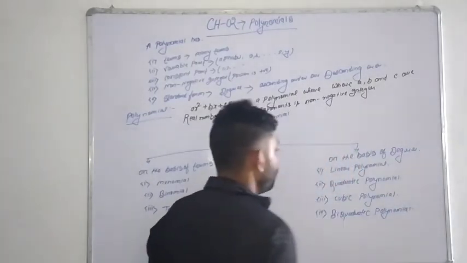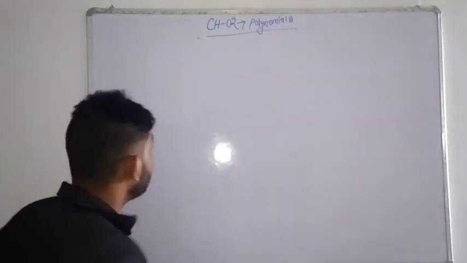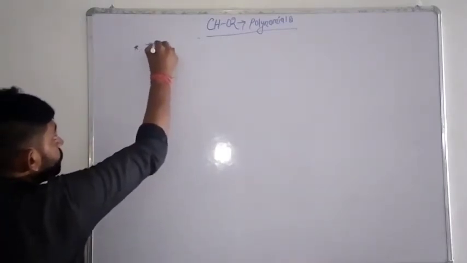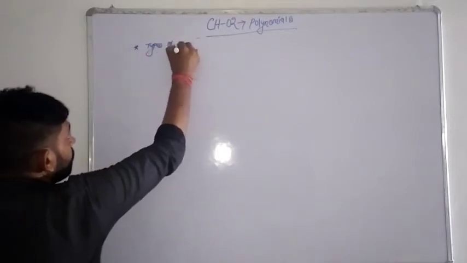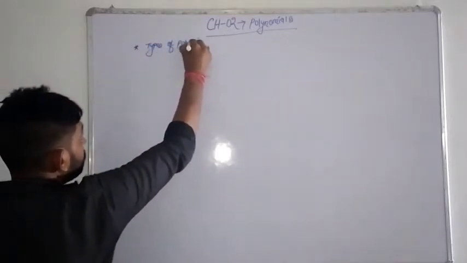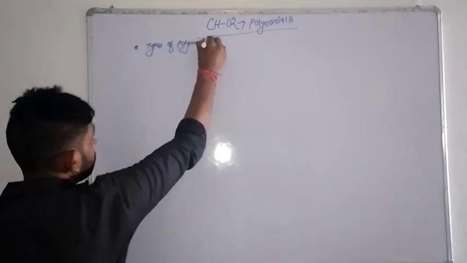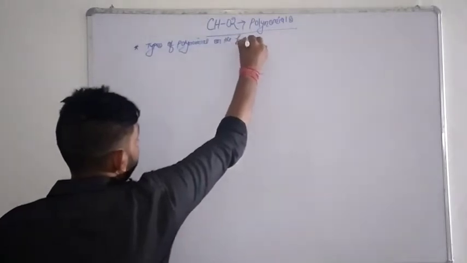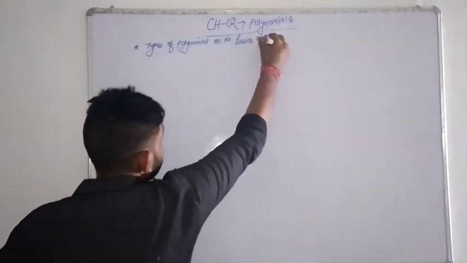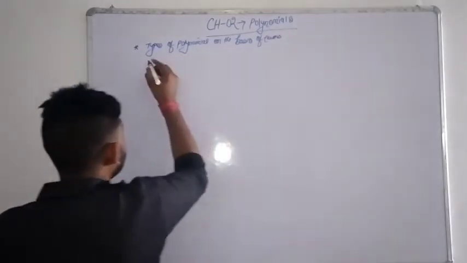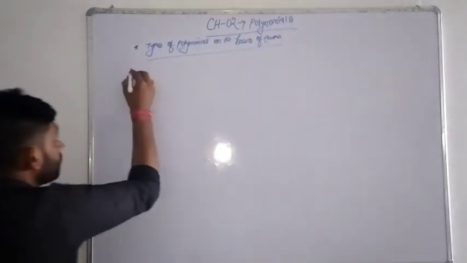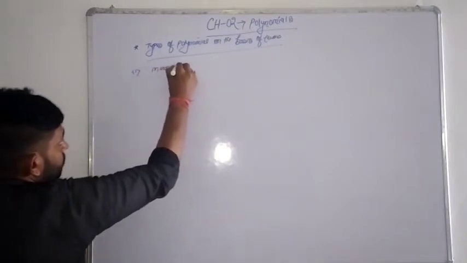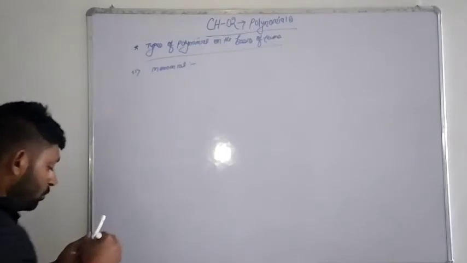Now, types of polynomial on the basis of terms. Number 1, monomial.